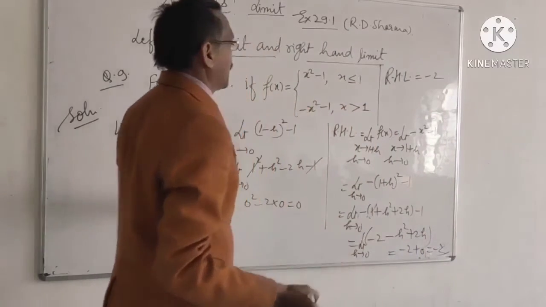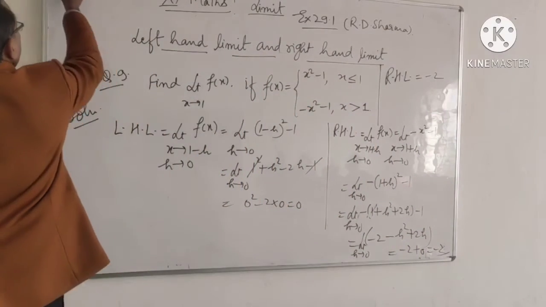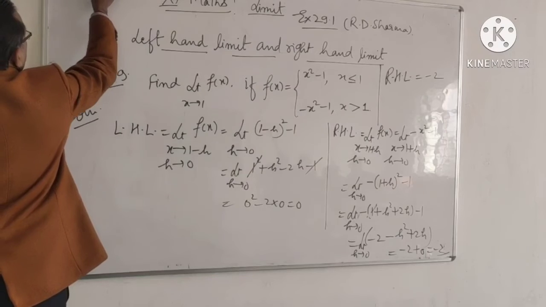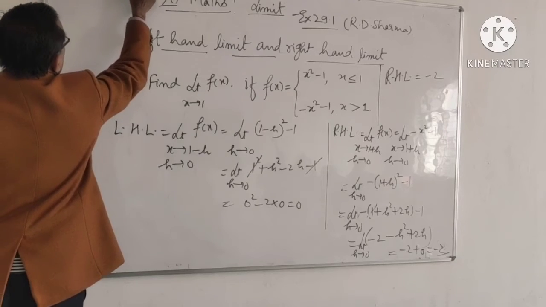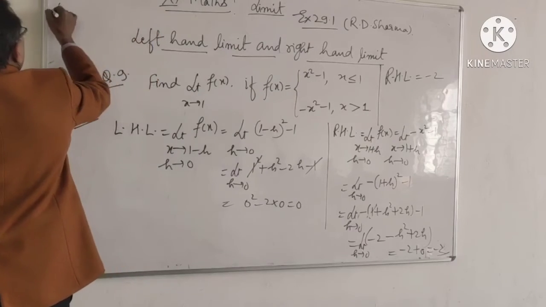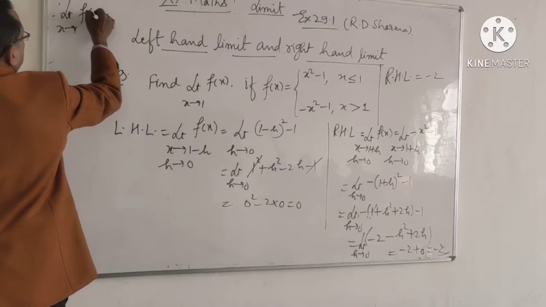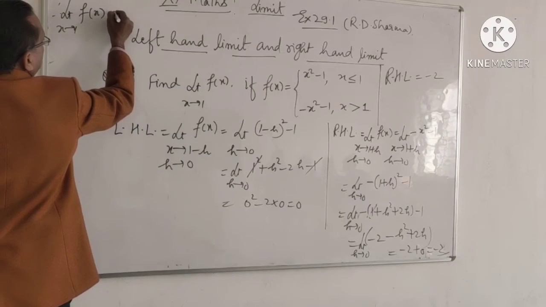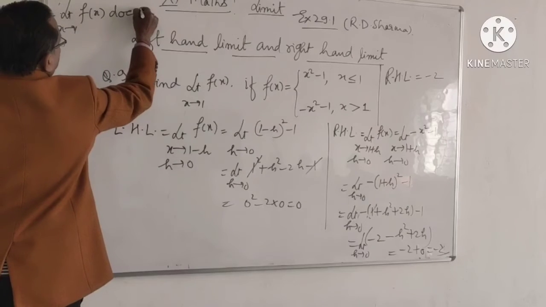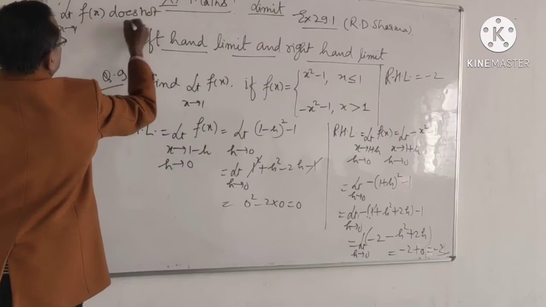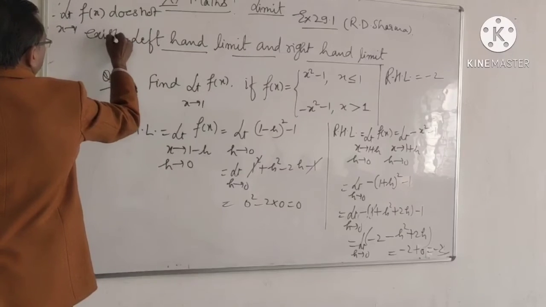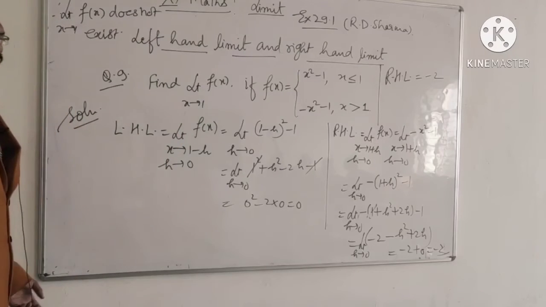Since left hand limit is not equal to right hand limit, therefore limit x tends to 1 of f(x) does not exist. So here this limiting value is not existing.